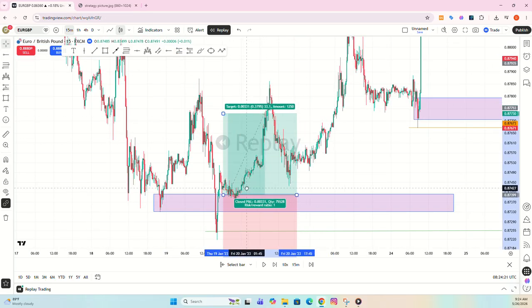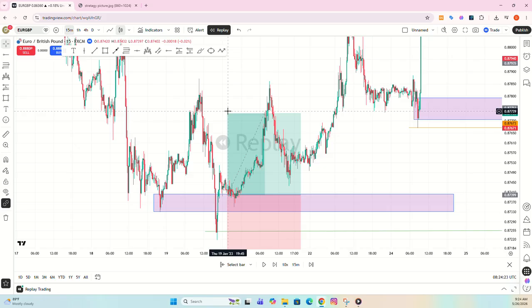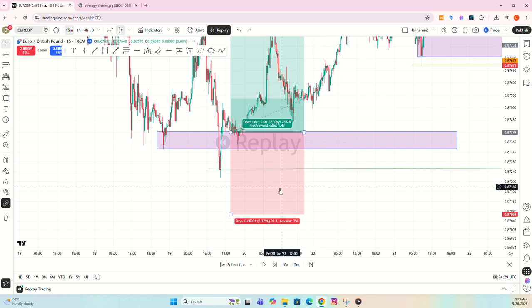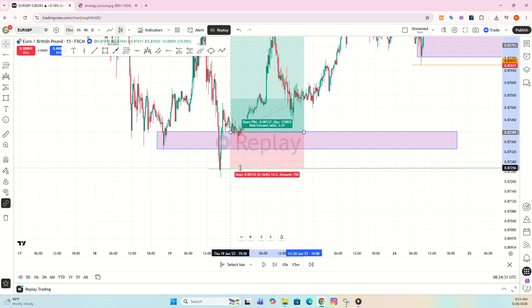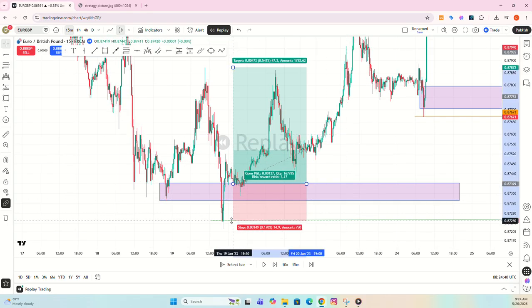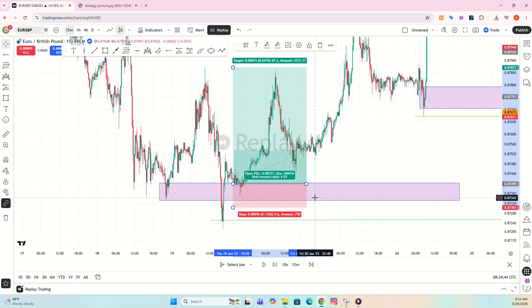So let's see. From here to here, it's actually a setup that gives us three risk reward. But as for me, once I'm taking this kind of trade and I have this large setup giving me three risk reward, I intend to reduce it and put it a bit under this other block.